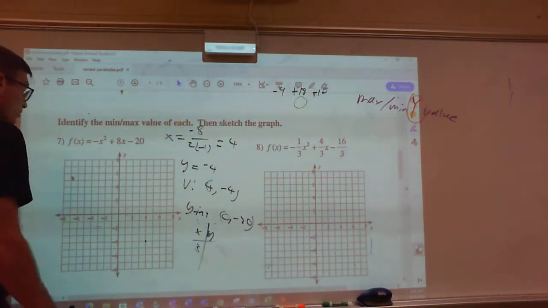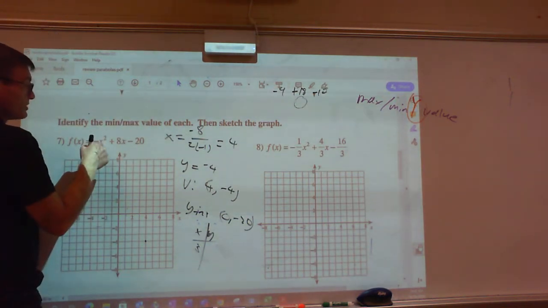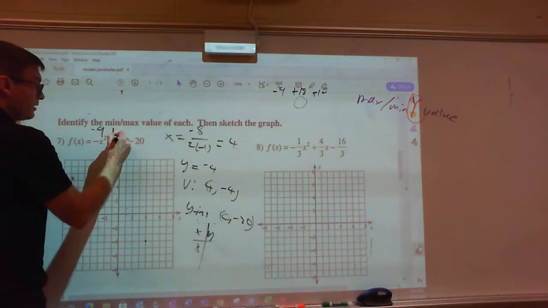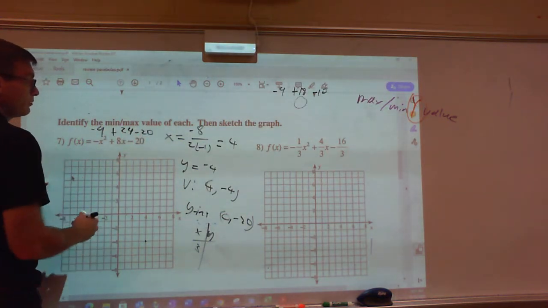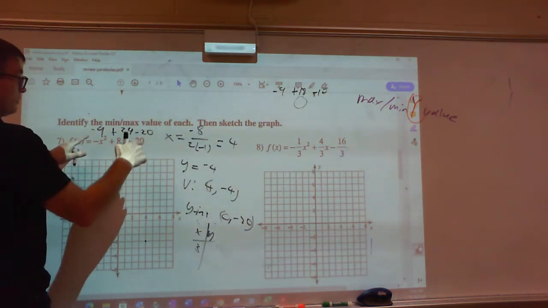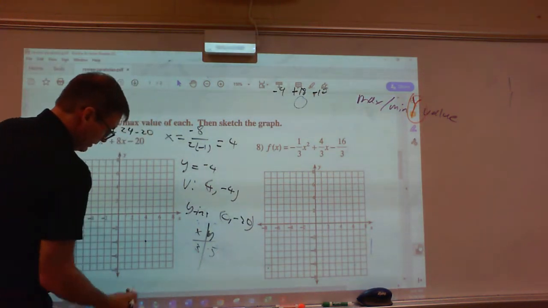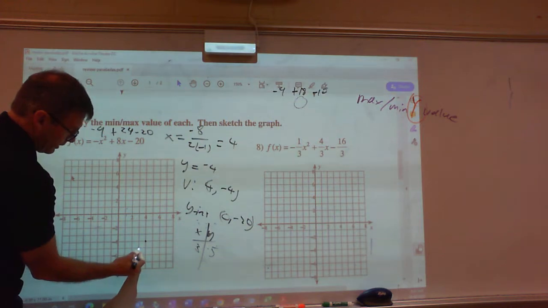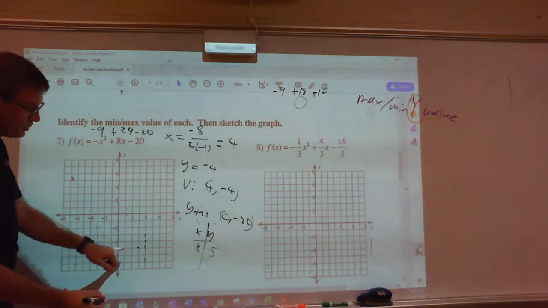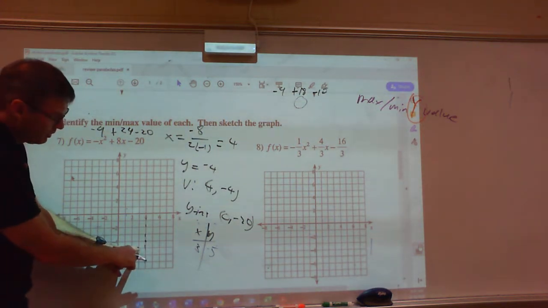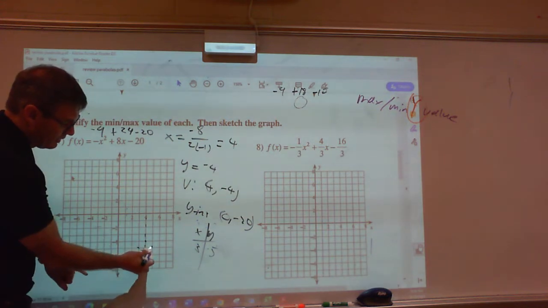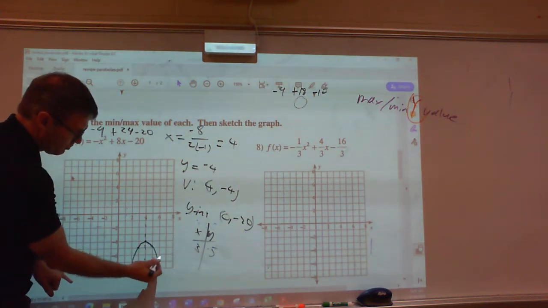When I plug in the 3, 3 squared is 9, so I get a minus 9, plus 24 minus 20. So I get minus 29 plus 24, which gives me a negative 5. And when I plot the point (3, -5), I also know, since it's symmetric, whatever's on this side is going to be on this side. And I can do a rough sketch of my graph.